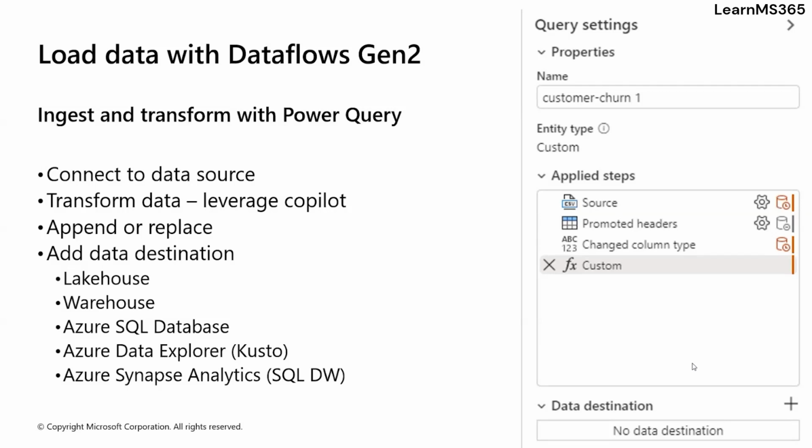When you select a warehouse as a destination, you can choose different update methods, like append to add new rows to an existing table, or replace to replace the entire content of a table with a new set of data.